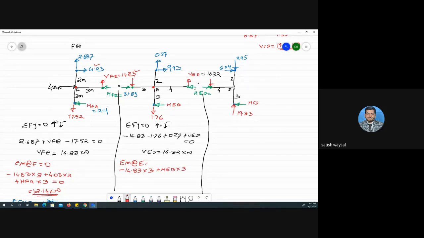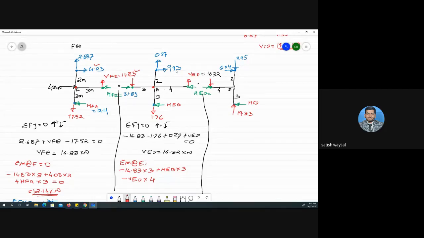Then coming back to this HED, which is passing through origin, so that will not create any moment. Then VED also moving in an anti-clockwise sense, so minus VED into 4.